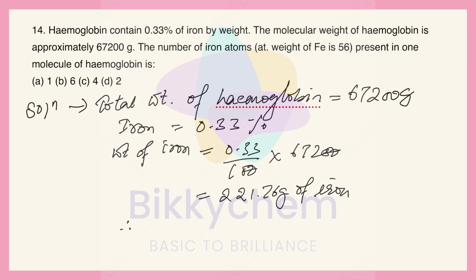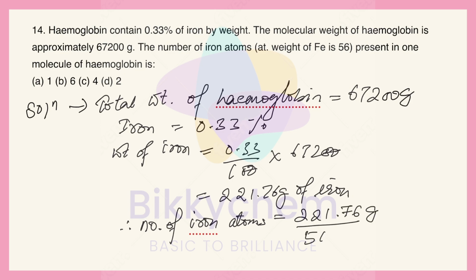Therefore, number of iron atoms is equals to 221.76 gram divided by 56 gram, which is equals to 3.96 or equals to 4. So option C is the right one.